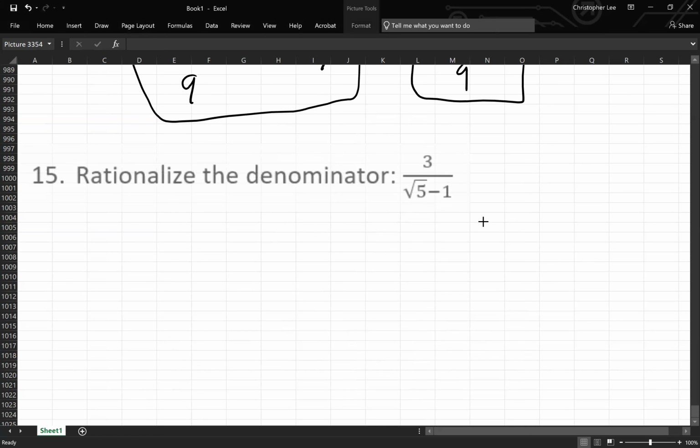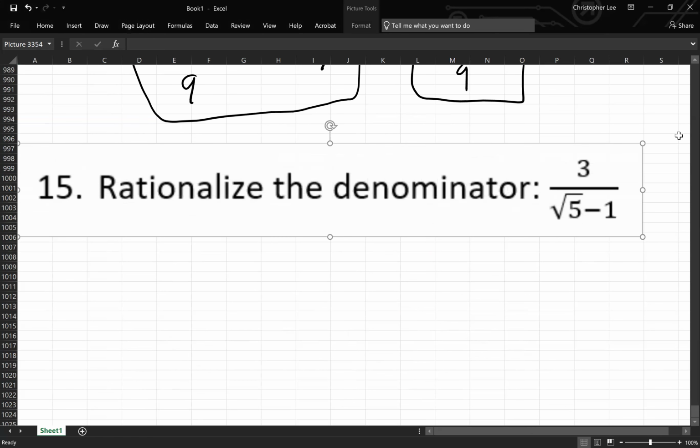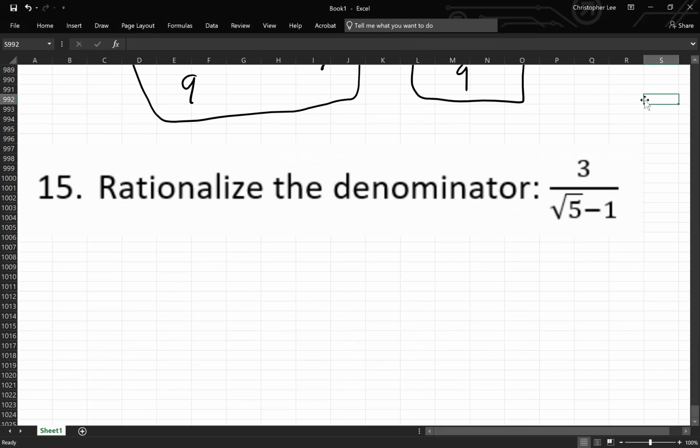I want to rationalize a denominator. So I got 3 over the square root of 5 minus 1. Remember, it's illegal for me to have radicals in my denominator. All right, try that out.